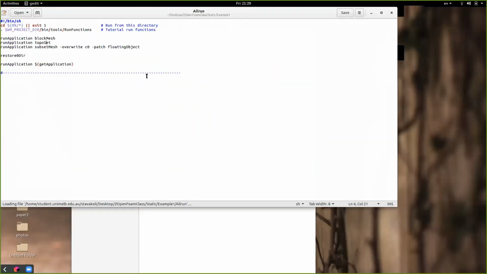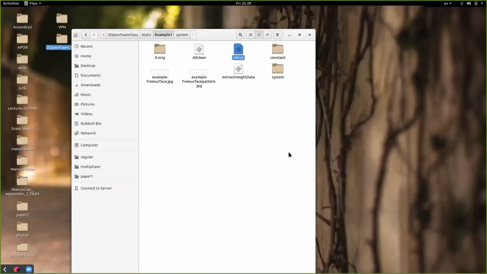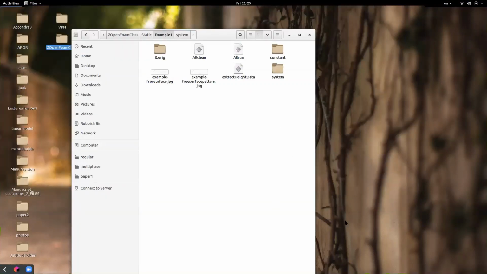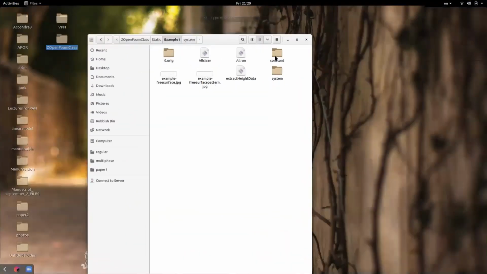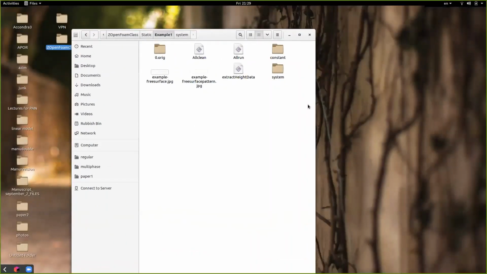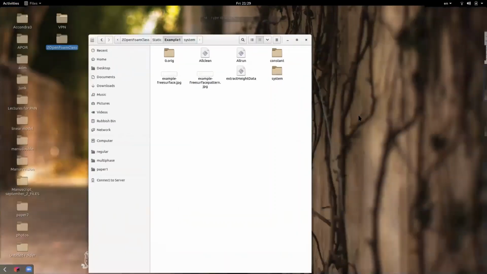So if you have a look here, we just use the topoSet, and we set the boundaries of that box that we are excluding from the domain, we are setting those boundaries to be the floating object patch. So this is how it works, how we generate geometry for the problem. So that's it till now.